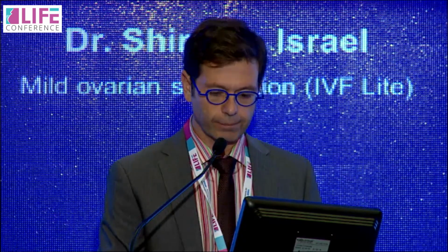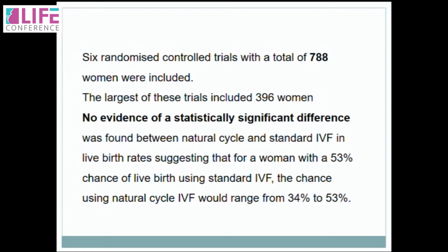Looking at the pregnancy rate, they said that if a woman had a 53% chance of live birth using standard IVF, then the natural cycle gave her 34 to 53%, which wasn't significant, and they concluded that there was no other difference between them.